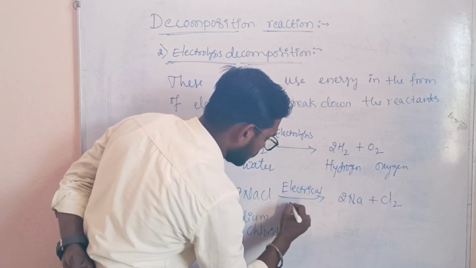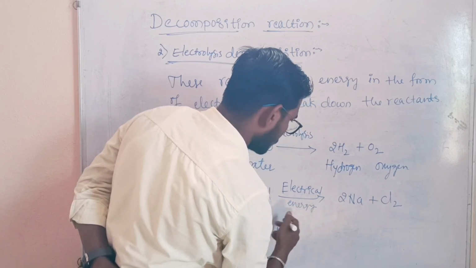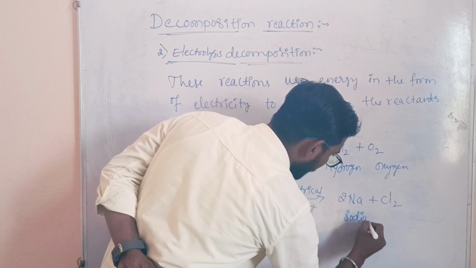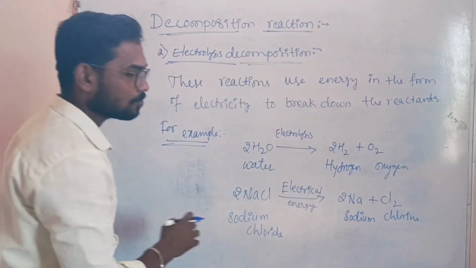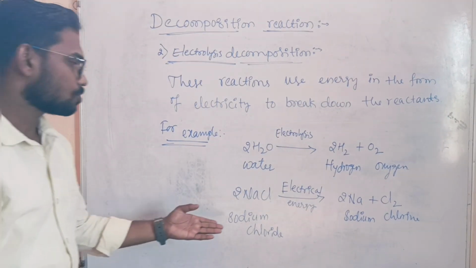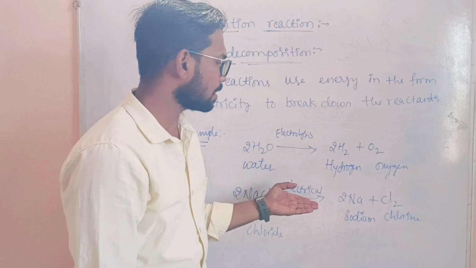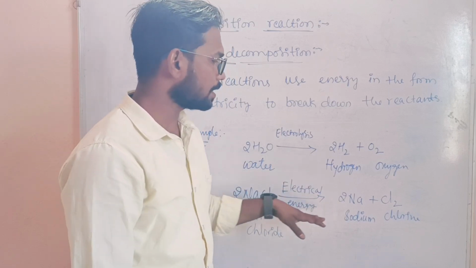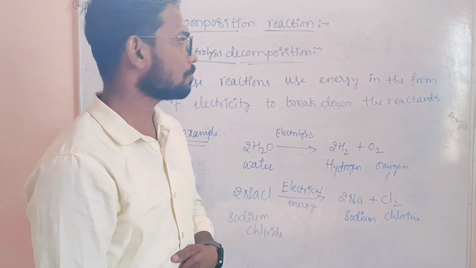Here the sodium chloride is going to divide itself in the process. We are using electrical energy to break down the sodium chloride and it will become sodium and chlorine as the products.